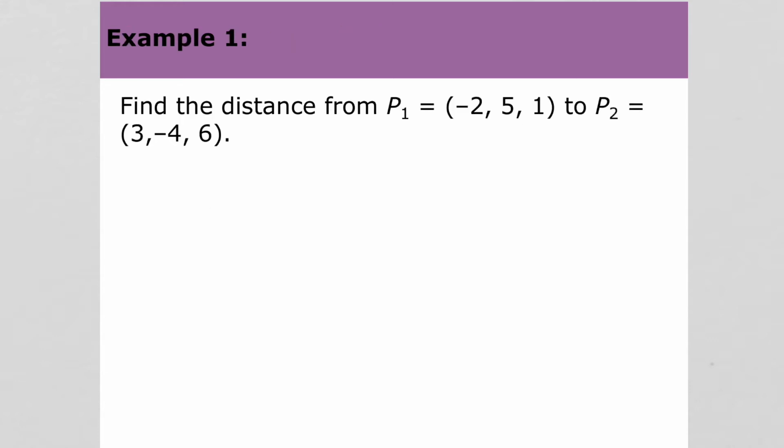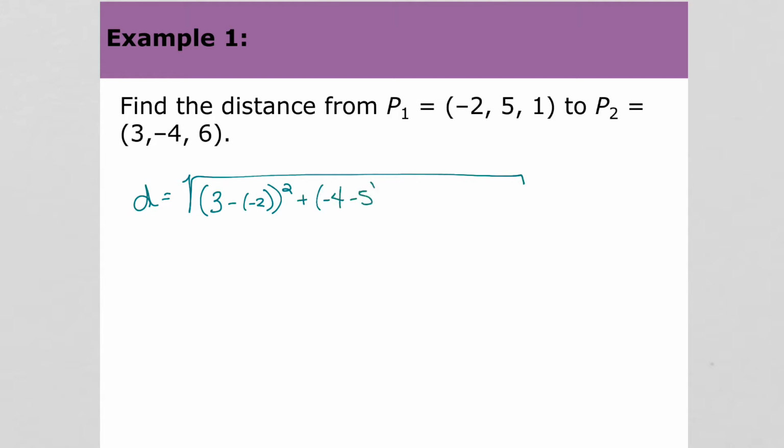So example 1 wants to find the distance from p sub 1 to p sub 2. We'll start with 3 minus negative 2 squared plus negative 4 minus 5 squared plus 6 minus 1 squared.